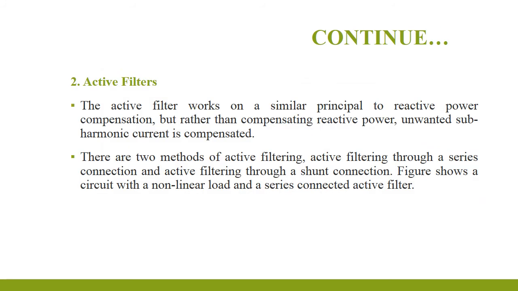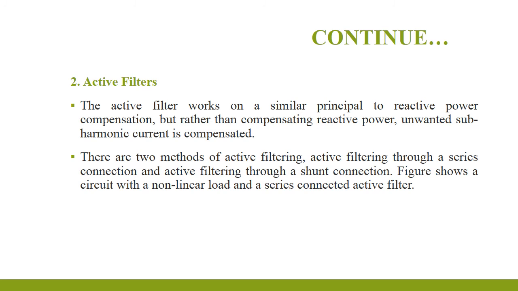Active filters. The active filter works on a similar principle to reactive power compensation, but rather than compensating reactive power, unwanted subharmonic current is compensated. There are two methods of active filtering: through a series connection and through a shunt connection.